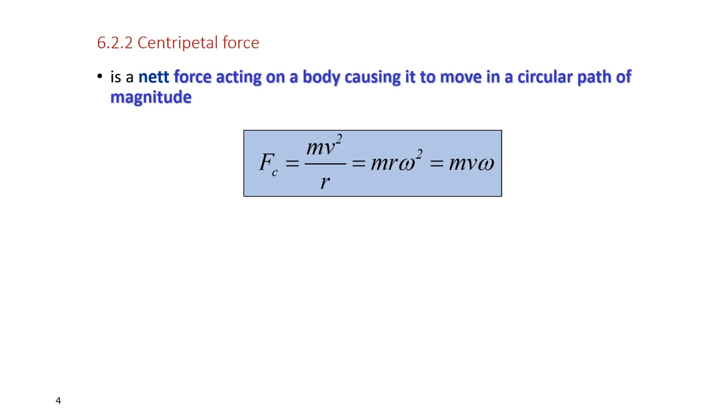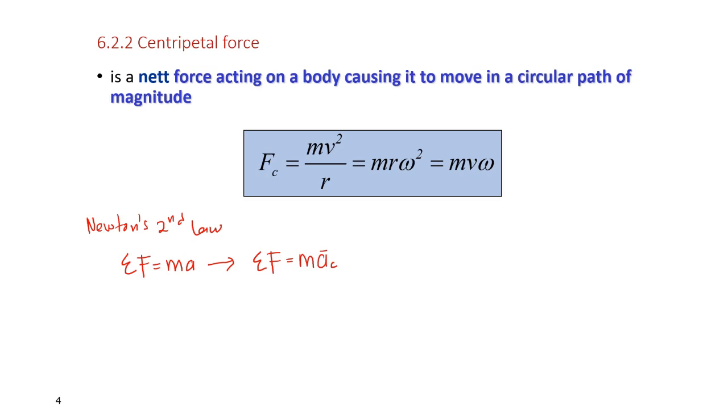We can relate it to Newton's second law, F net equals ma, which we learned in chapter 4 on linear motion. When we change into circular motion, F net here will be equal to m ac, where ac represents the centripetal acceleration.